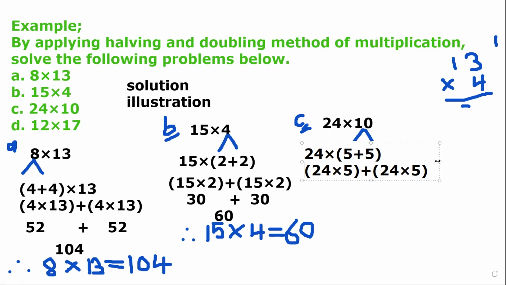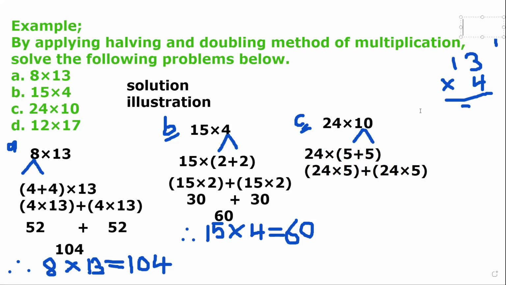Now with this, we are going to multiply 24 by 5, and here this time it's 24 by 5. So when you get the product of 24 by 5 and another 24 by 5, then you write it and then you add the product of that. Okay, so 24 by 5 here will be 120.